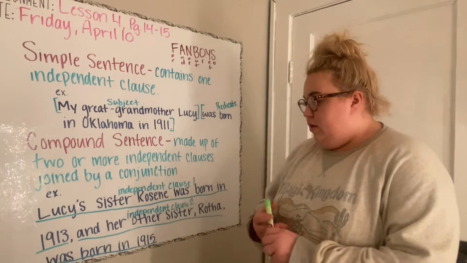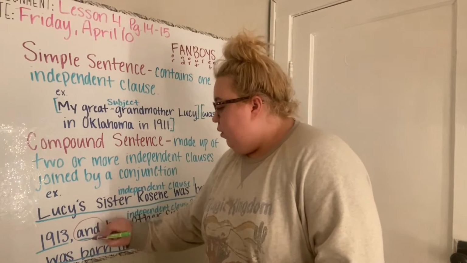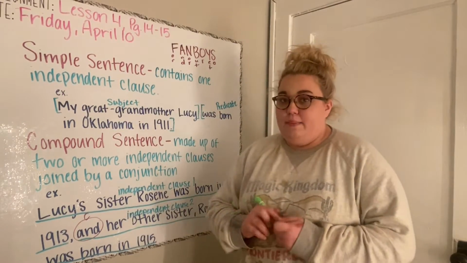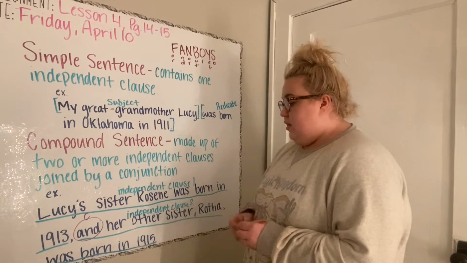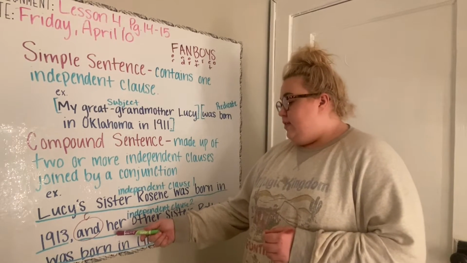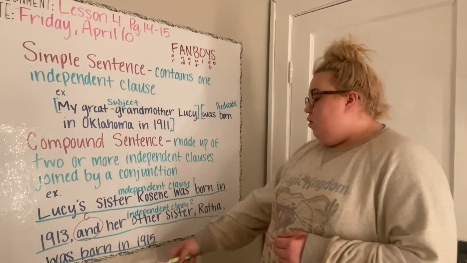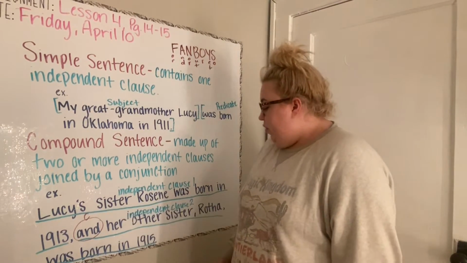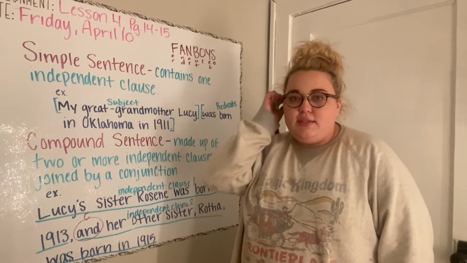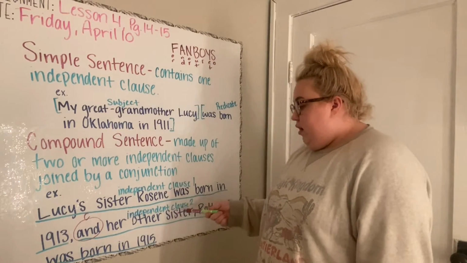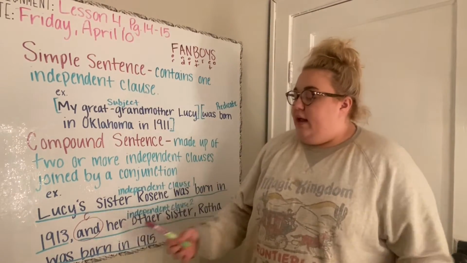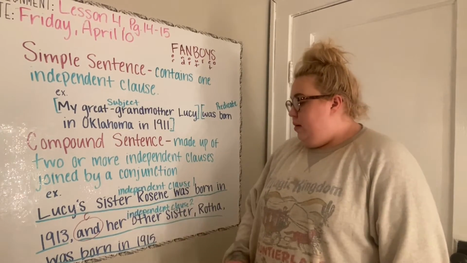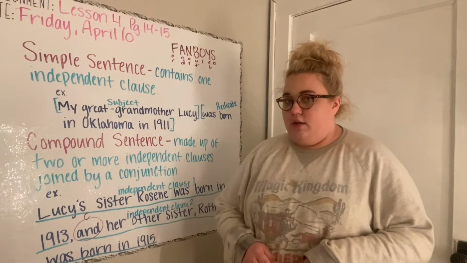And, which is right here, is our conjunction. That's the word that combines our two independent clauses. So the second independent clause says, her other sister, Rotha, was born in 1915. If we said, Lucy's other sister, Rotha, was born in 1915, that makes sense on its own. So that is independent clause 2. So we use the word and to put them together. So it's two independent clauses joined by a conjunction.